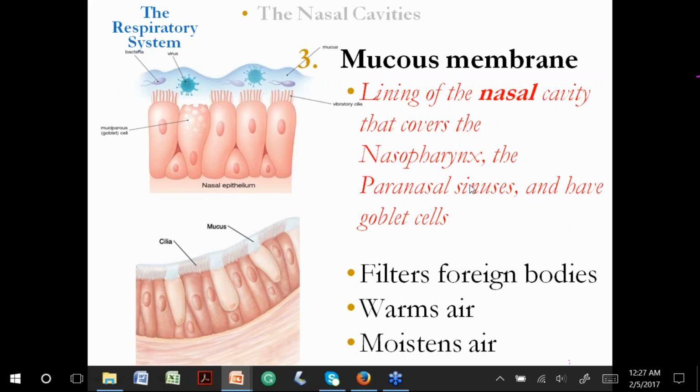Open eyes, open ears here, please. These mucous membranes, with pseudostratified epithelium, filter foreign bodies, warm the air, and moisten the air. We don't want dry air in your nose because it's going to get dry and you can have some cracks.